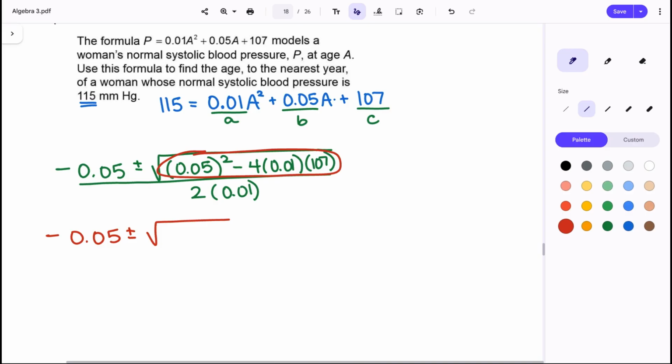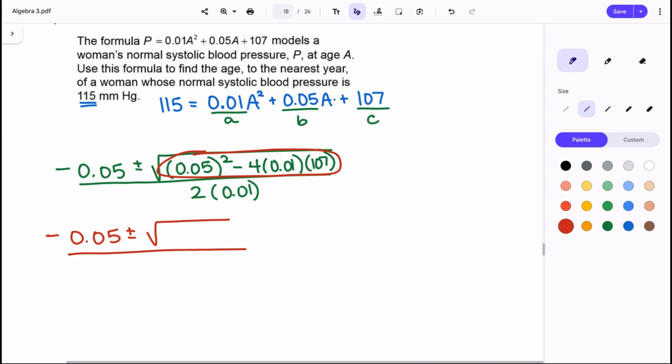Does anyone have something there? I have a decimal written down. Okay. Oh, you know what?